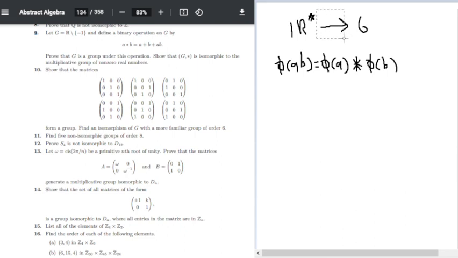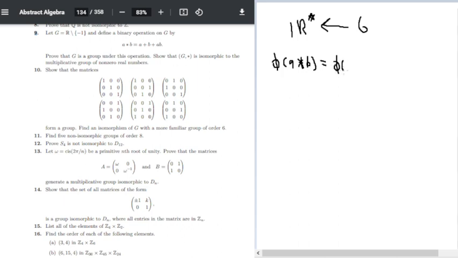What if we think of a function which... smooth, okay. So phi of a star b is equal to phi of a phi of b. And note that a star b is equal to a plus b plus ab.